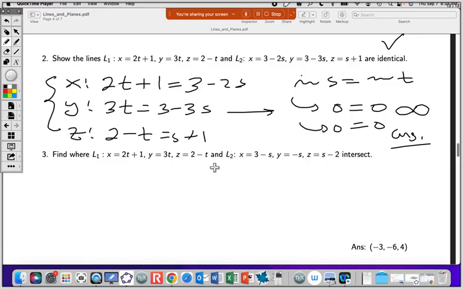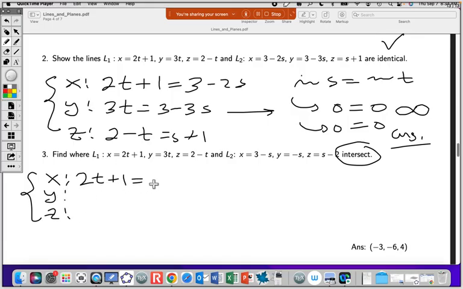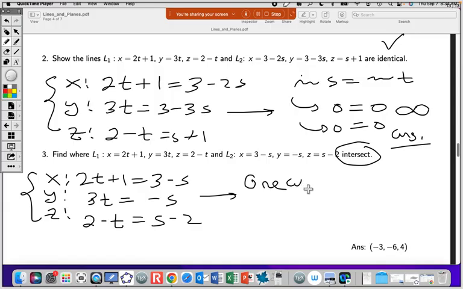Find where L1 and L2 intersect. So you would start off doing the same thing. You'd have 2t plus 1 is 3 minus s. 3t is minus s. And then 2 minus t is s minus 2. And then if you go through this system, you'll get exactly one answer.